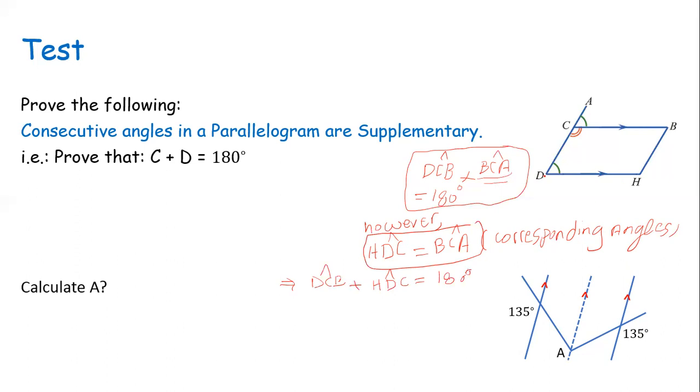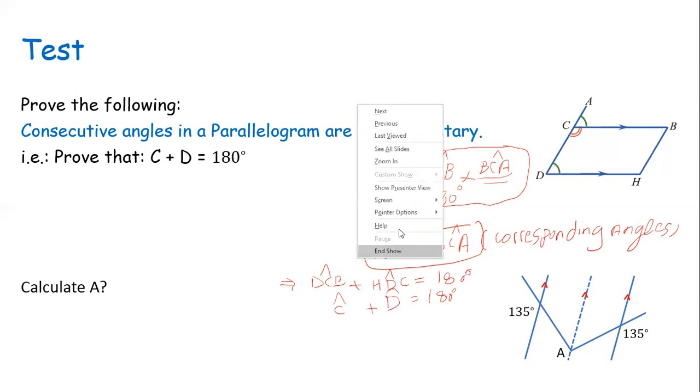So DCB and HDC, or in other words, C plus D is equal to 180 degrees, which is required in the question. Now we remove this solution in order to solve the other exercise.